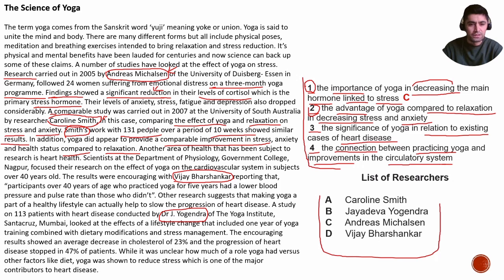Here we have the information we have just checked in the text. It was about comparing the effect of yoga and relaxation on stress and anxiety, and the result was that, in addition, yoga did appear to provide a comparable improvement in stress.